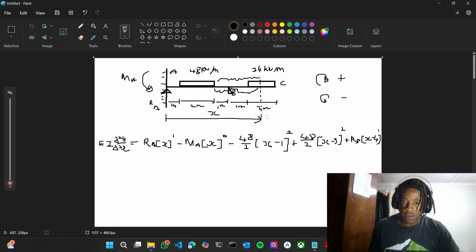Then we come here to our final UDL, which acts anti-clockwise, so it's minus 24, right, divided by 2, and here it does not need to be compensated because it's already on the reference.